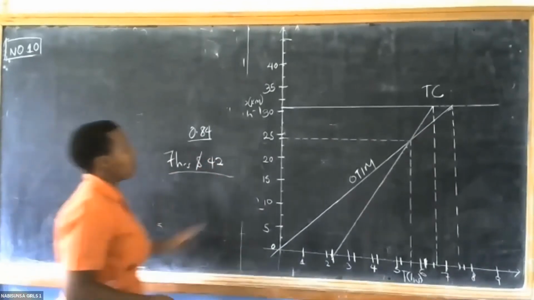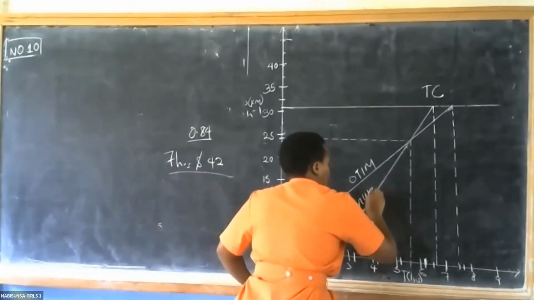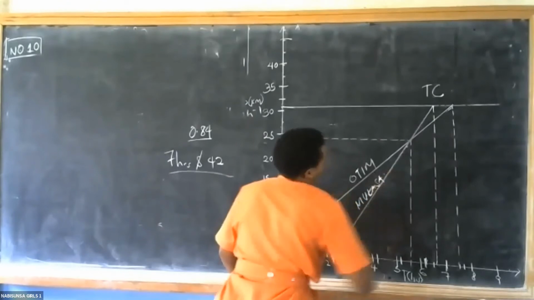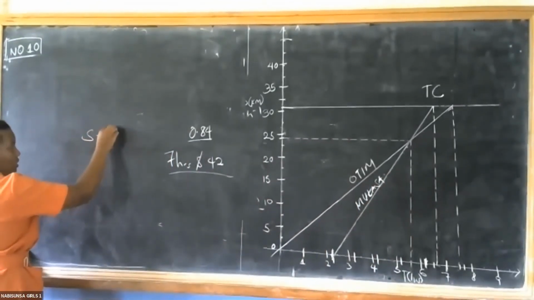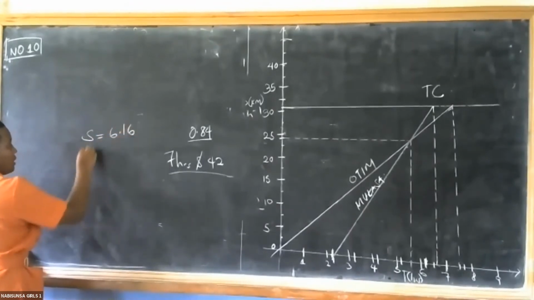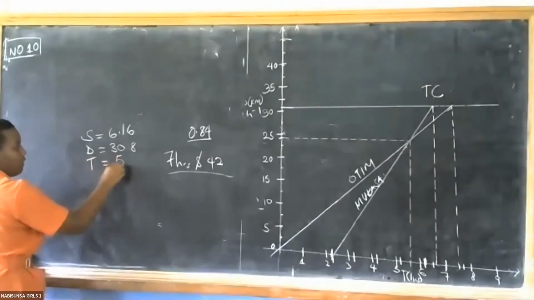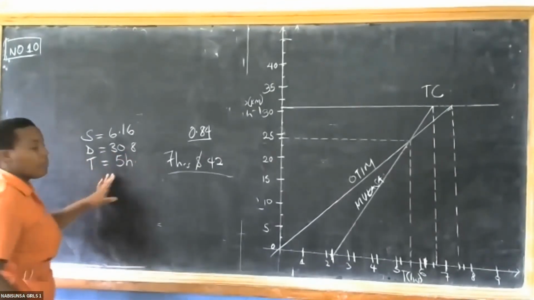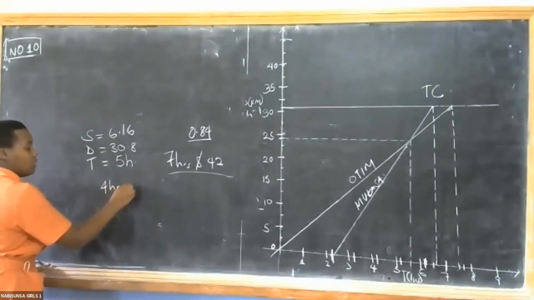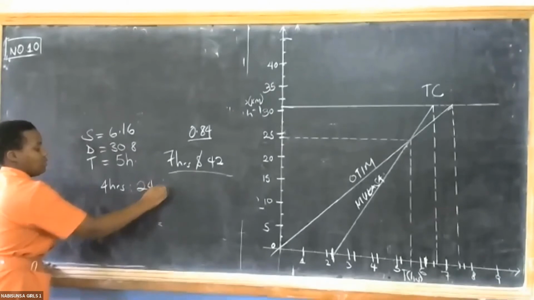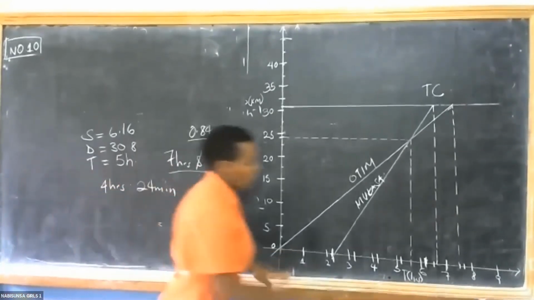And the time Mukasa, when he's using the new speed of 6.16, the distance was 30.8, and the time was 5 hours. So remember, at first he had used 4 hours and 24 minutes. So we are going to add the 36 minutes, making it 5 hours. So we add it here.